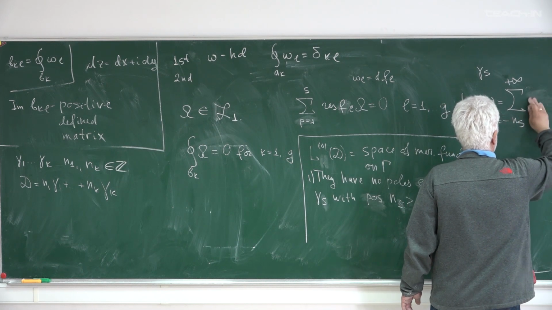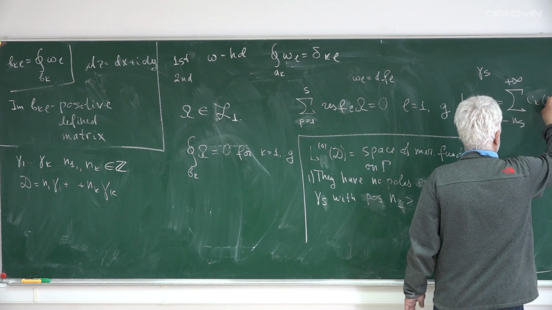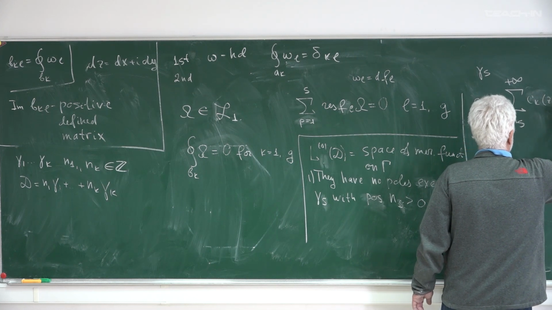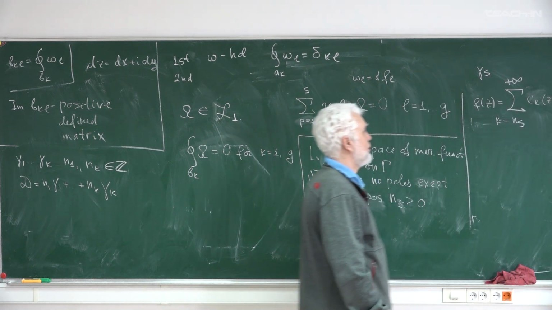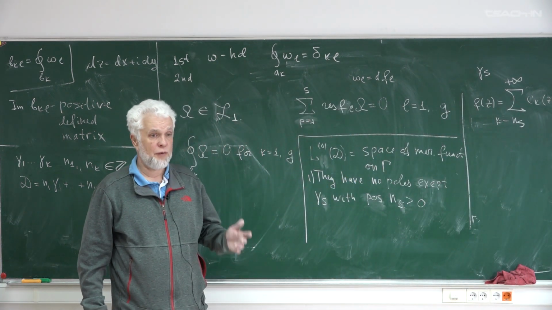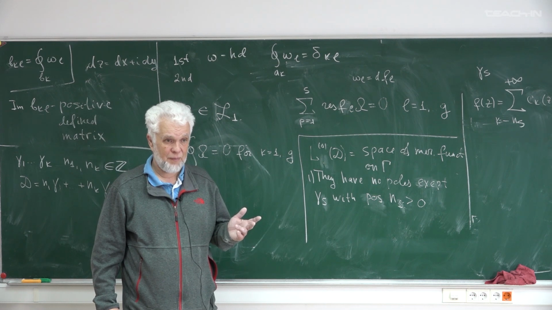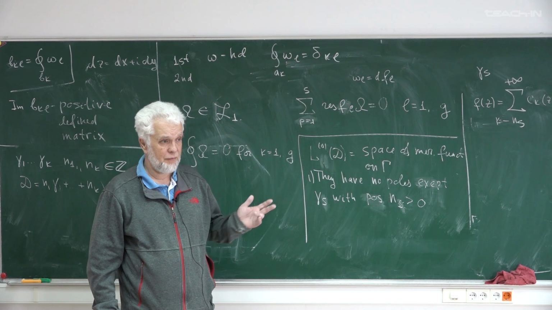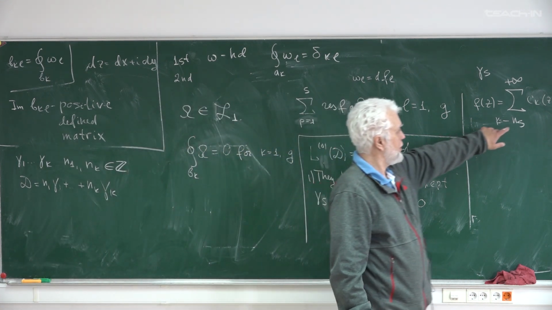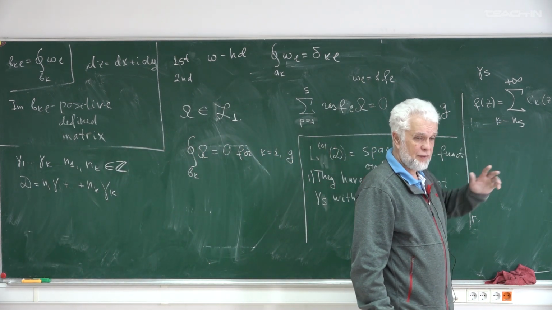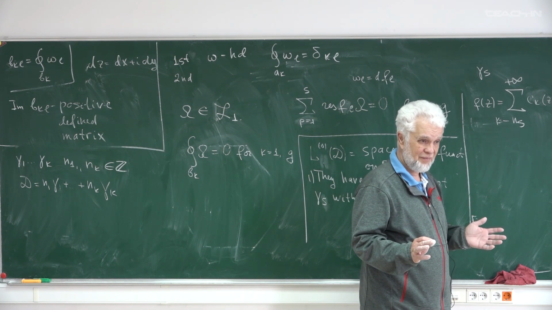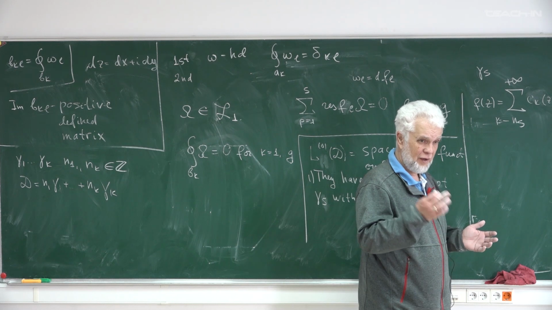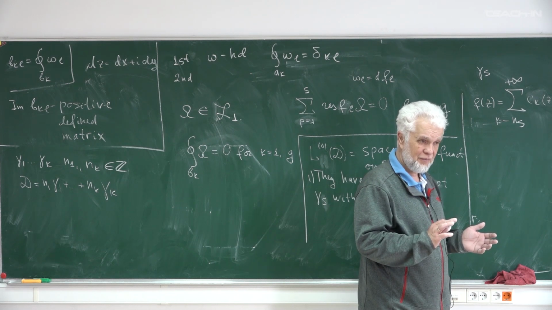Therefore, we have only a finite number of Laurent terms, and this number is restricted by ns, you see. For example, it may have no pole at all. It's permitted. You see, it's an inequality, it's not an equality.